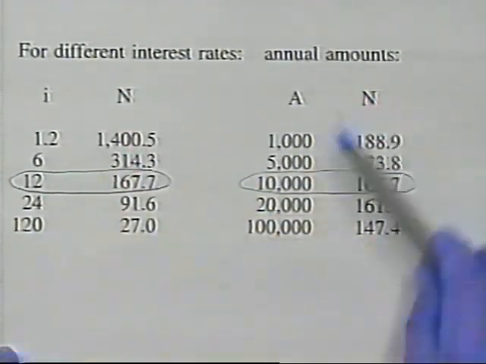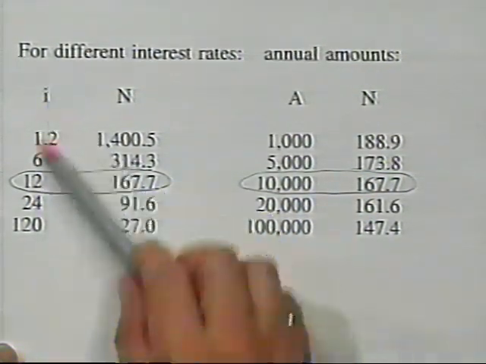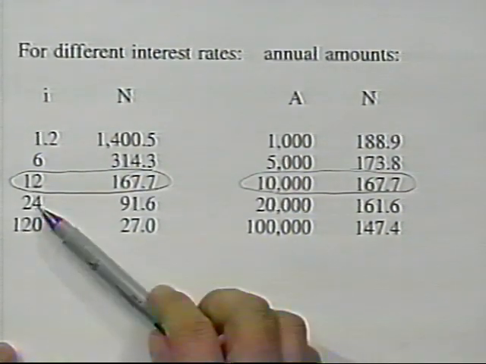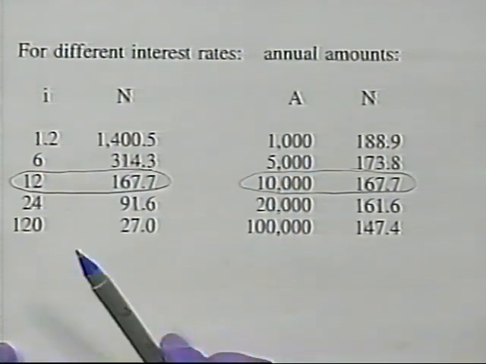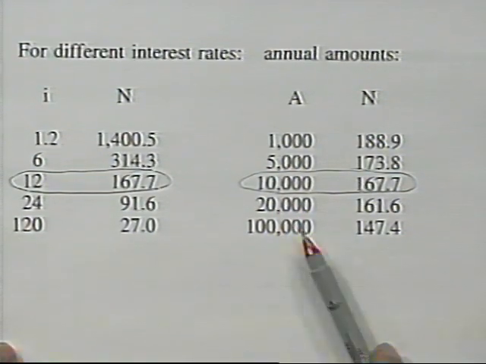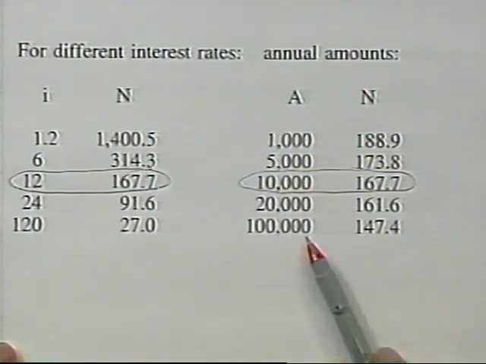But in each of these half tables, I've varied, in this case, the interest rate, in this case, the annual amount, while keeping the other figure constant. So here I'm varying the interest rate from 1.2% to 120% while keeping the annual amount at $10,000. Here I'm varying the annual amount from $1,000 to $100,000 while keeping the interest rate at 12%.